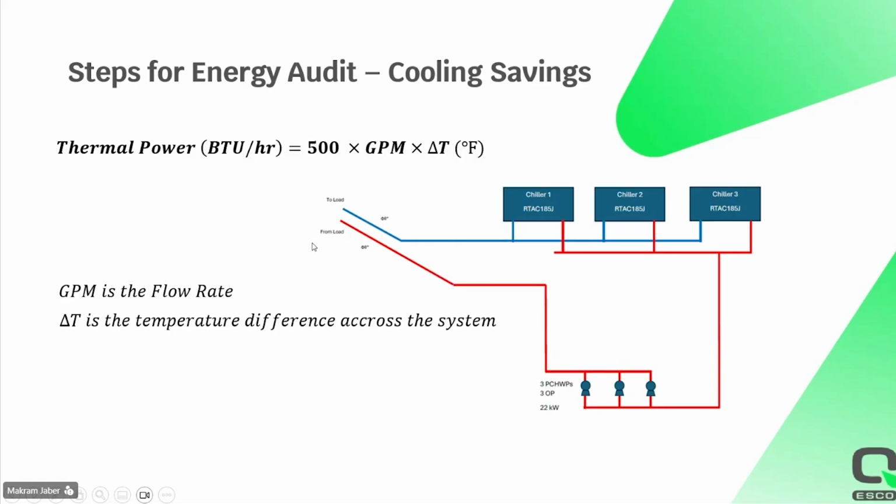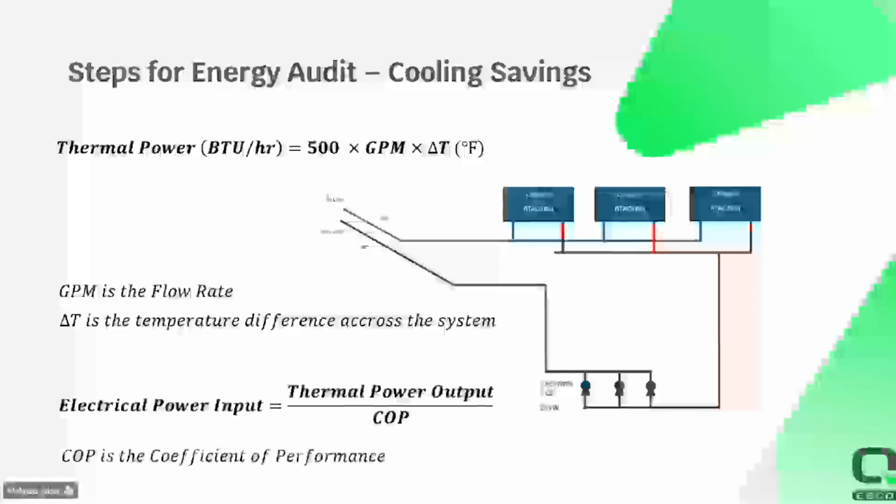So if we want to reduce the energy here, we can work on the GPM, the flow. By reducing the flow, we can reduce the thermal power. By reducing the thermal power, we can reduce the electrical power, because the electrical power is linked with the thermal power by the coefficient of performance.